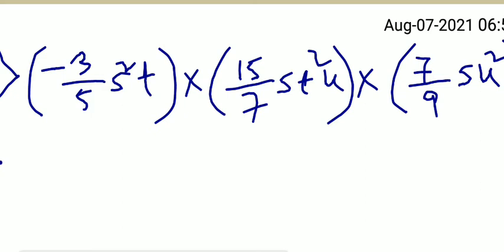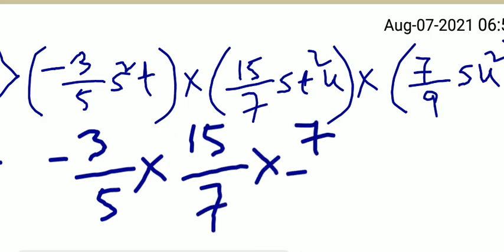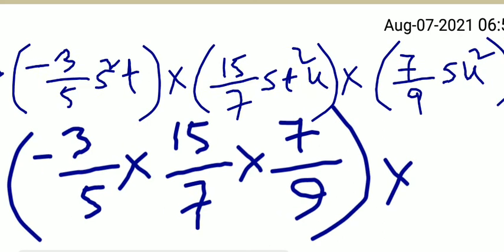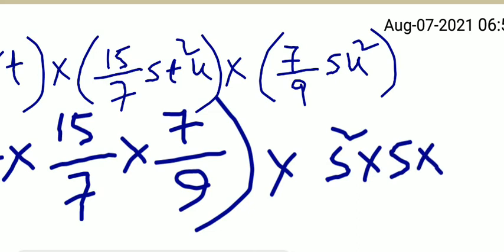All the numbers write side by side: minus 3 by 5 multiply 15 by 7 multiply 7 by 9, and outside you can write s square into s into s.